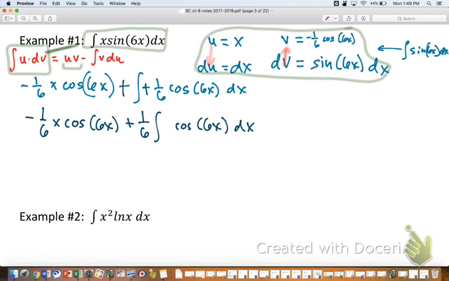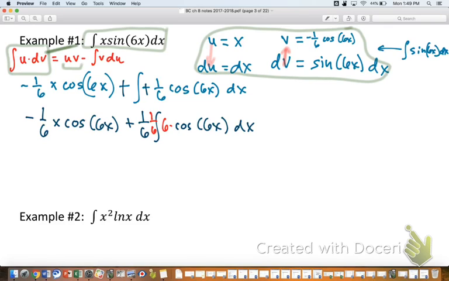So if I'm going to look at the antiderivative of cosine of 6x, what does the other factor in the integrand have to be? 6. Isn't the derivative of the inside a 6? So that means this has to be a 6 right here. But I can't just do that unless I also do what? Multiply by 1/6 on the outside.